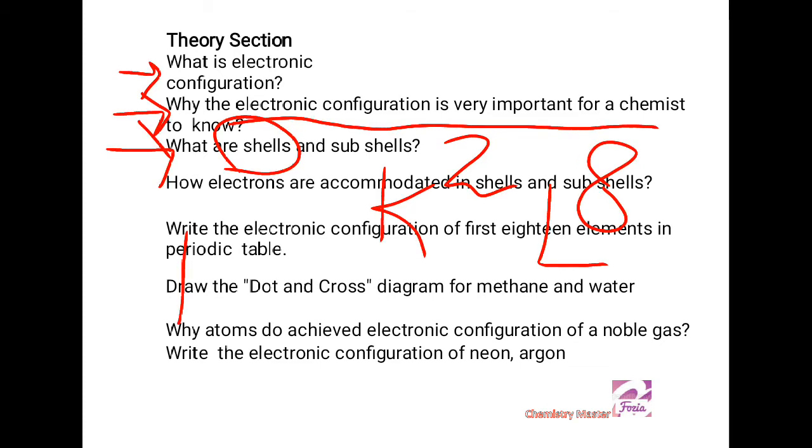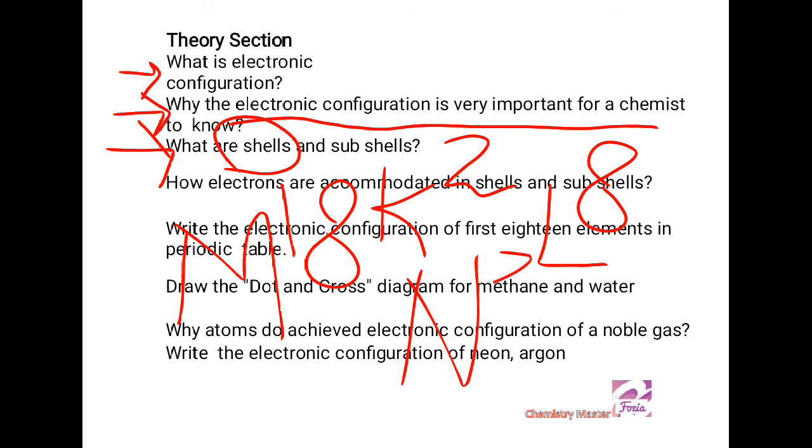The third shell is designated as M shell, which can be filled up with 18 electrons. It's the third energy state. And the fourth shell is N, in which 32 electrons can be accommodated.